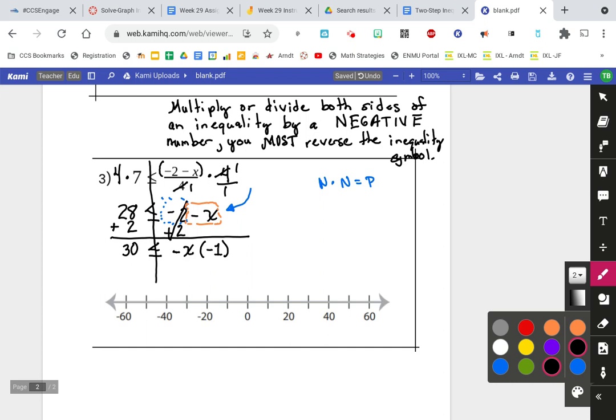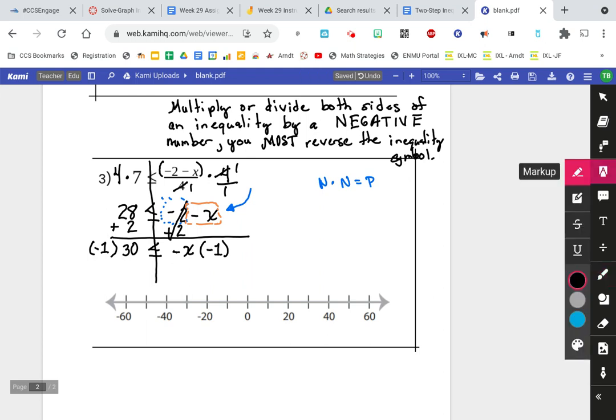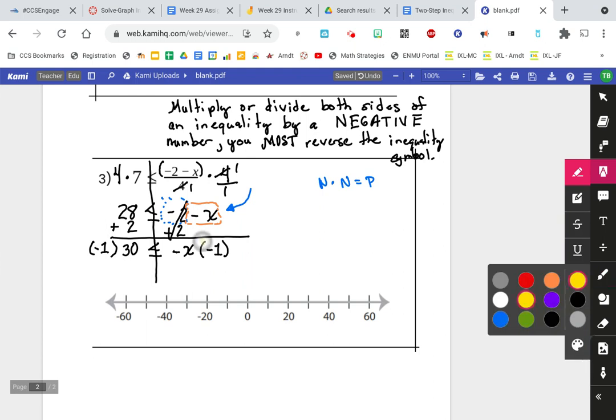Okay? And we can do that so long as what we do on one side of an inequality, we do to the other. But hold on, wait a minute. Let's think about this. What has just happened here? We have just multiplied both sides of an inequality by a negative number.